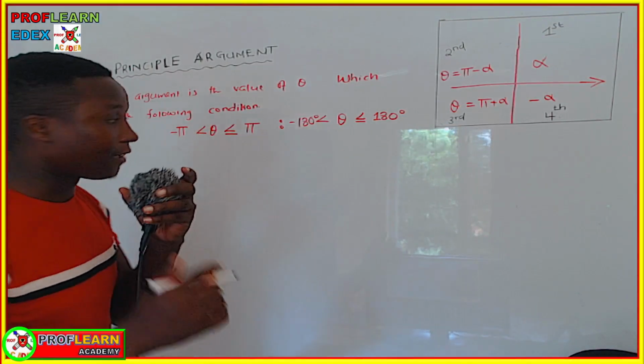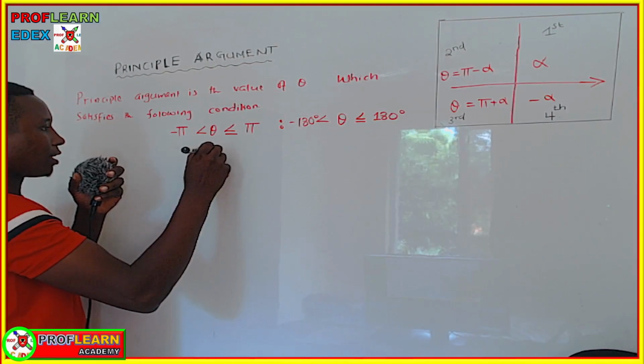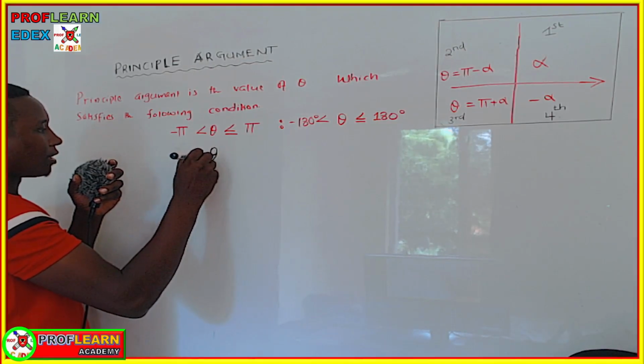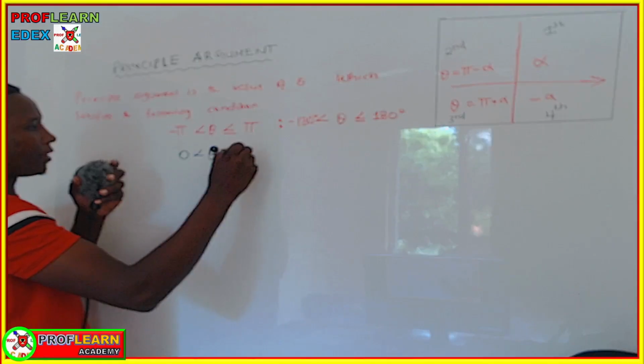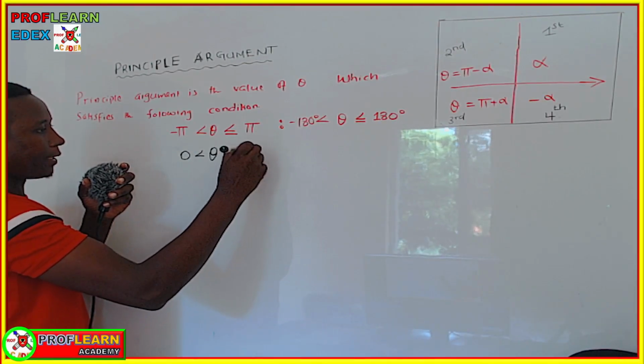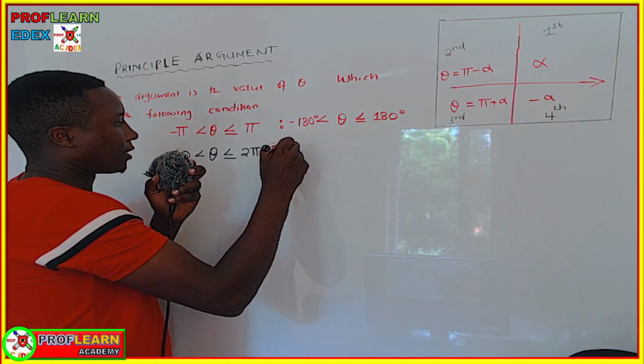Let's look at another format it can be given: this theta that we are talking about is greater than 0, less than or equal to 2 pi. It can also be given within this range, and this is actually in degrees.